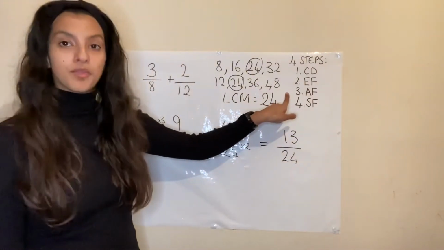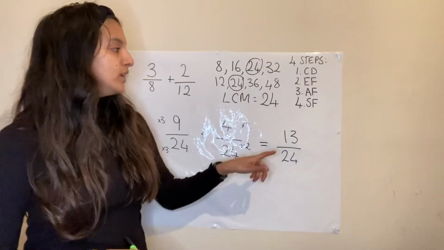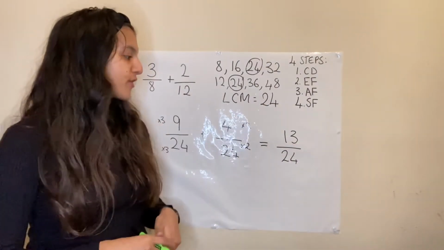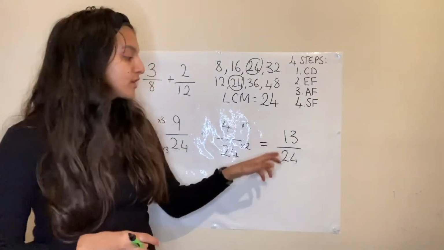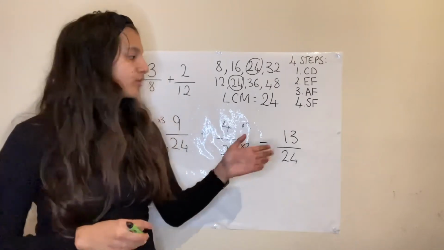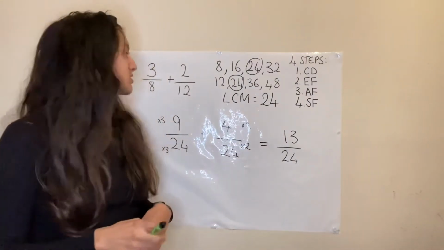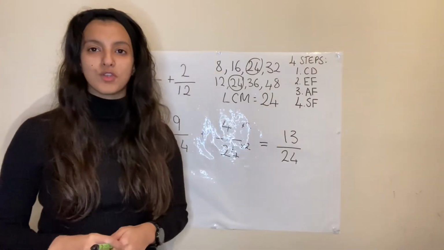So step number 3 is complete. Now we need to look at step number 4. We need to find out if there is a simplified fraction for 13 and 24. The only number that can go into both 13 and 24 is 1, therefore there is no simplified fraction for this, which means the answer to 3 over 8 plus 2 over 12 is 13 over 24.